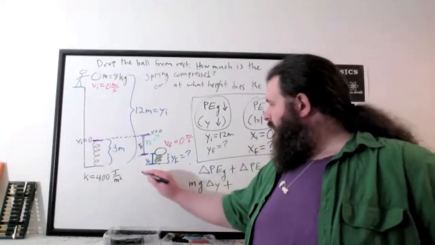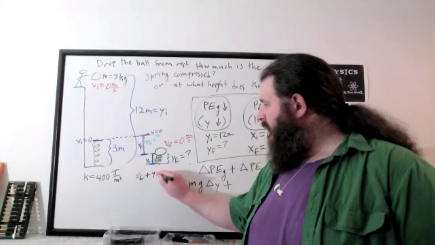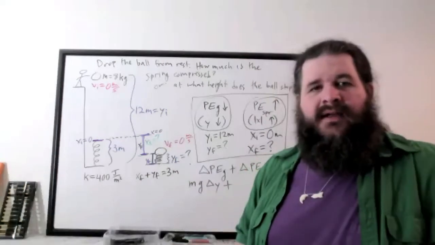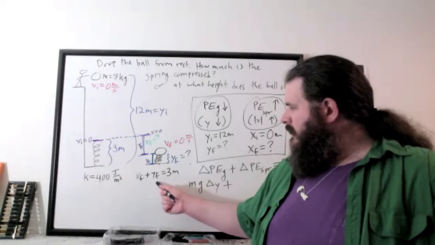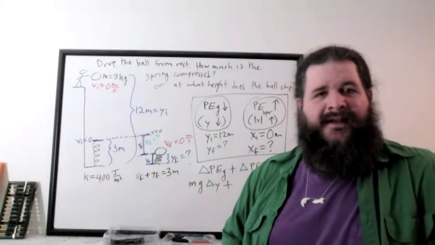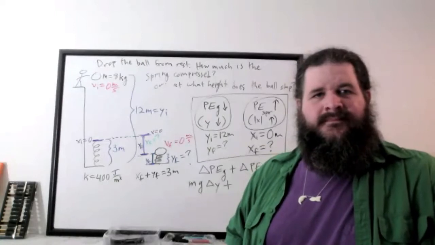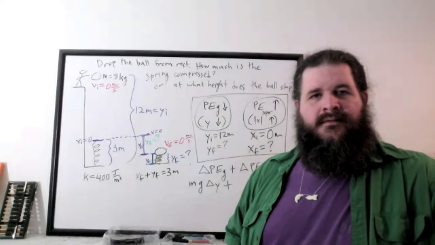So then we could write that as a mathematical expression by just saying x final plus y final equals 3 meters. And you have to be very careful about signs here. In this case, would we assume y final is positive or negative? Negative, because it's decreasing, right?